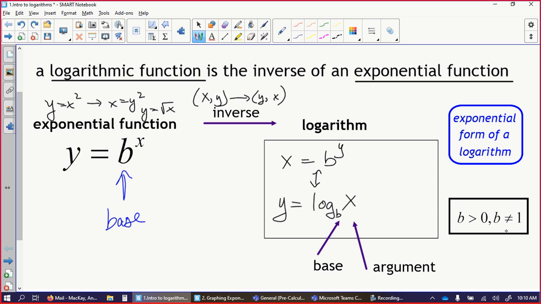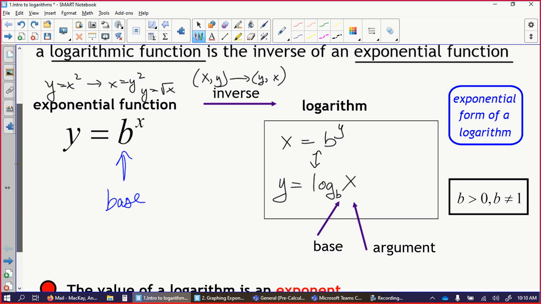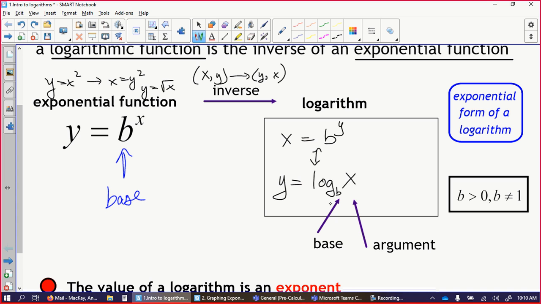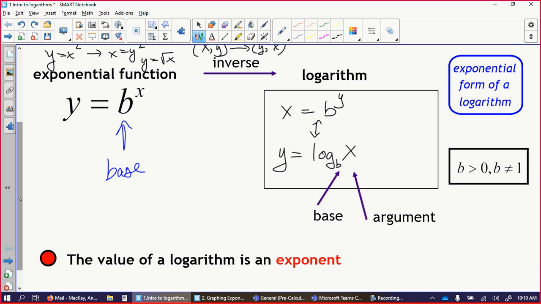So those are somewhat redundant. What we're going to look at today is translating these. When you take the log of something, what you're getting is this exponent here.